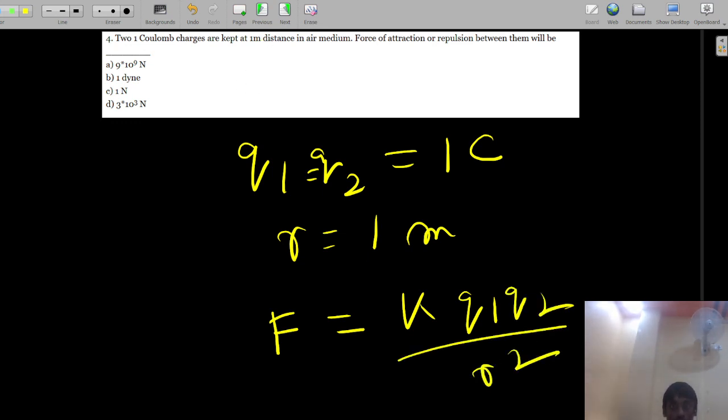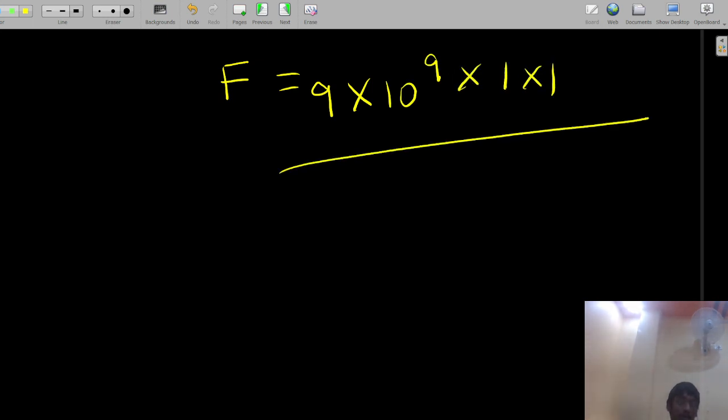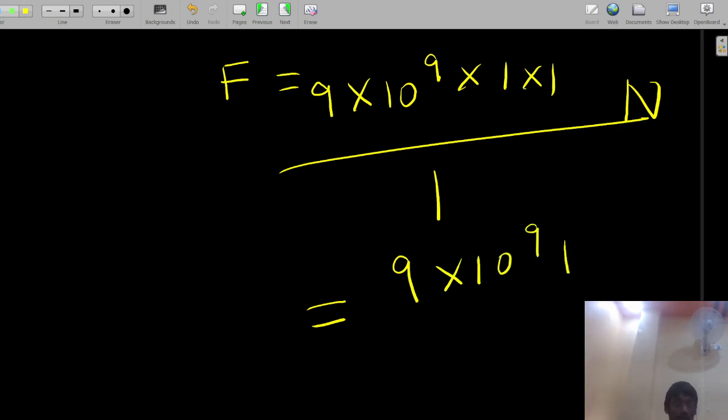On putting the values, we get force equal to 9 into 10 to the power 9 into 1 into 1 by 1, and its unit is Newton, which is equal to 9 into 10 to the power 9 Newton.